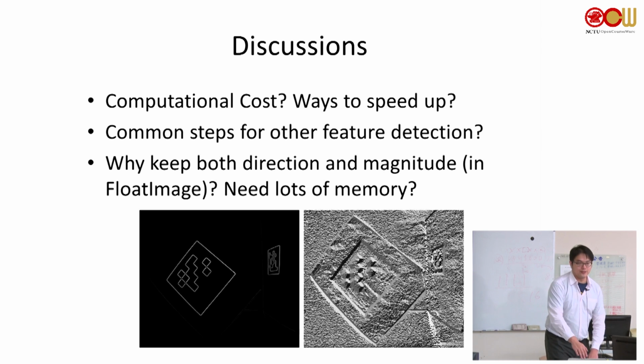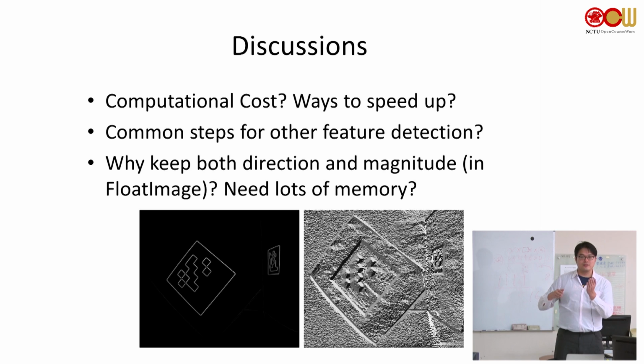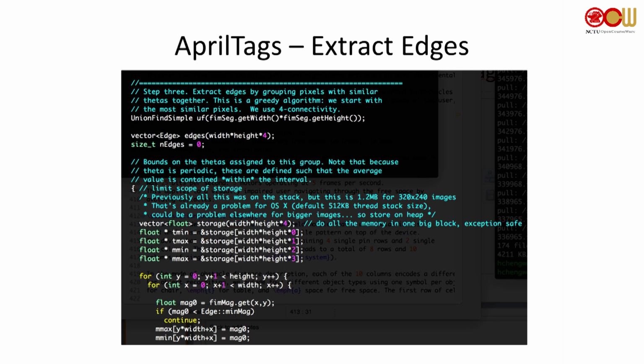If you see the 2011 paper, they actually intentionally put a pencil on the edge of the AprilTag because the original design is to be robust to some occlusion. When you put a pencil on the edge, the segment will be broken into 2. If you keep both direction and magnitude, it can actually recover it from the clustering. According to the gradient direction and magnitude, the AprilTag can get the edges of the boundaries.